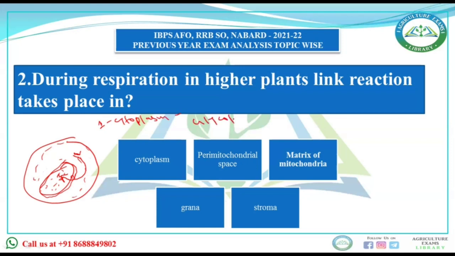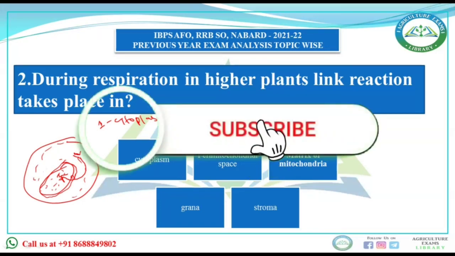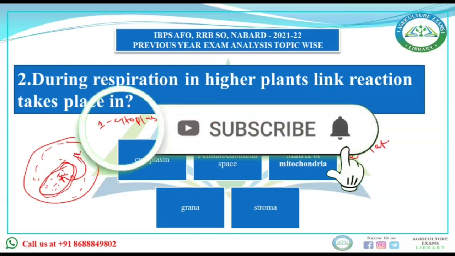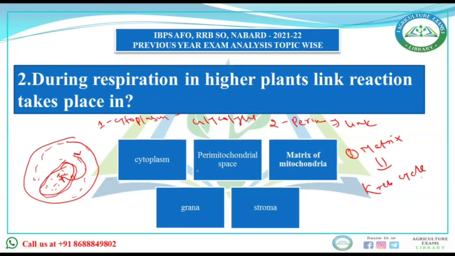Glycolysis. The second point is the perimitochondrial space. In that, what takes place? Link reaction. The third point is the matrix of mitochondria. In that, what takes place? Krebs cycle. Then our answer will be perimitochondrial space.